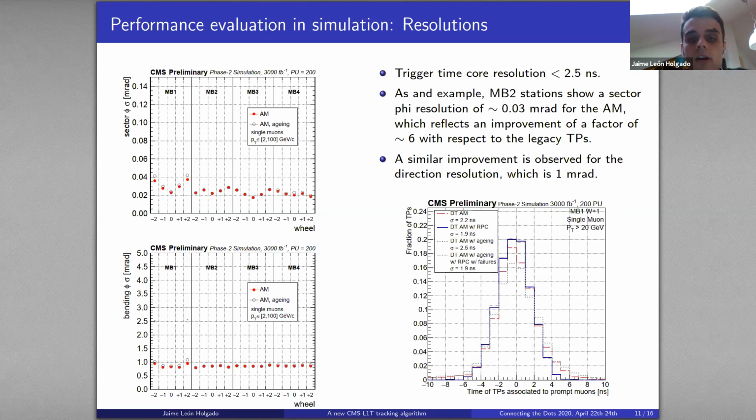For sector phi, as an example, the MB2 stations show a resolution of around 0.03 milliradians, which reflects an improvement of around 6 times over the resolution we have in the phase 1 system, the legacy system. On the bending phi resolution, we can see a similar improvement. The resolution is around 1 milliradian, so it's a very huge improvement.